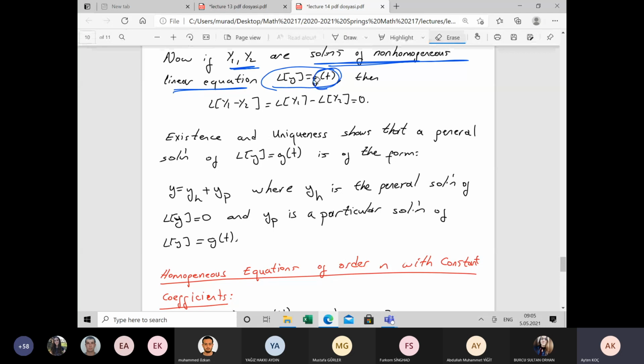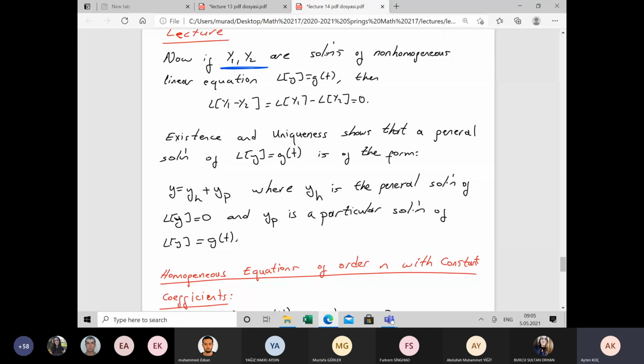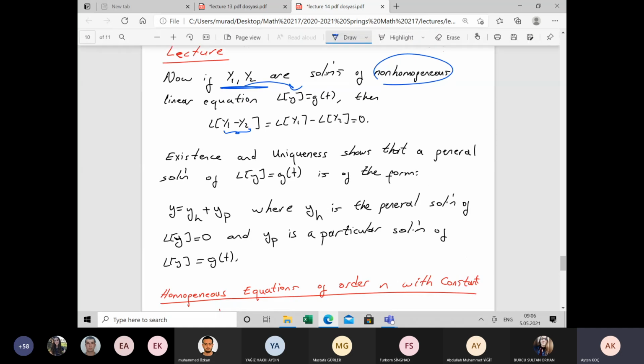If we know Y sub 1 and Y sub 2 are solutions of the non-homogeneous equation, meaning they satisfy our differential equation, we claim that Y sub 1 minus Y sub 2 is also a solution of the homogeneous part.